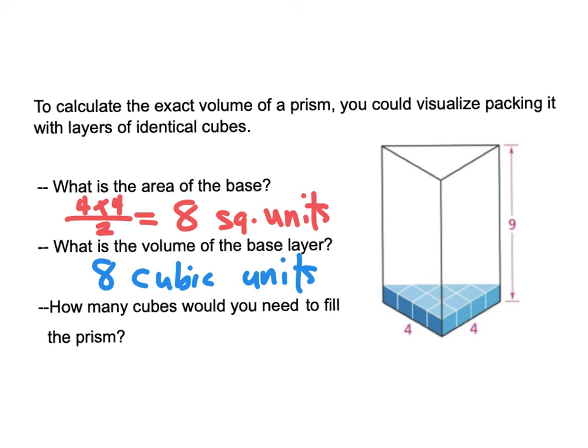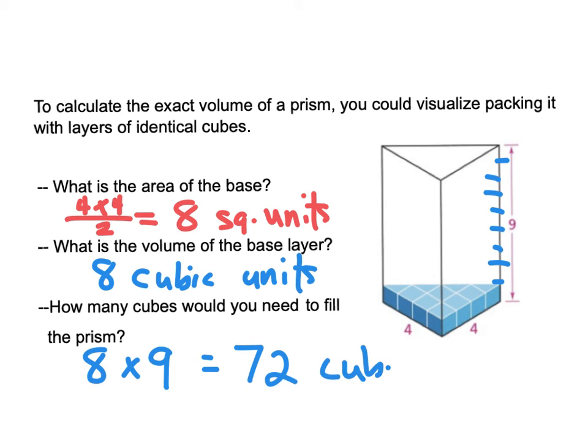And again, we're going to fill it so that we have 9 layers. So we have 9 groups of those 8. So altogether we have 72 cubic units. 72 cubes would fit in that prism if I was to stack them all up.